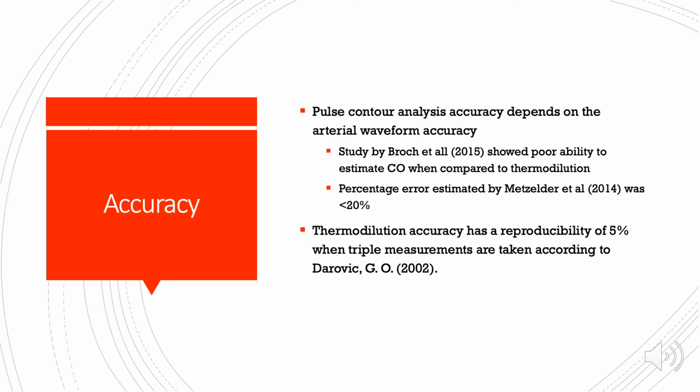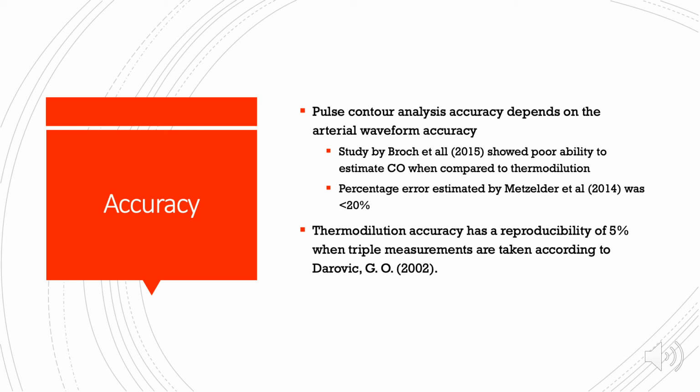For accuracy, the pulse contour analysis accuracy really depends on the accuracy of the arterial waveform that it's reading. Two studies that I looked up: a study by Brock et al. in 2015 showed poor ability to estimate cardiac output when it was compared to thermodilution. A percentage error was calculated by Metzinger et al. 2014, and it was around less than 20%, so not great.